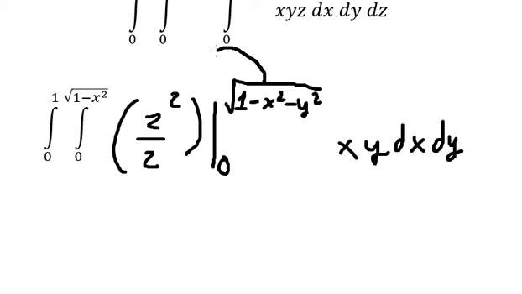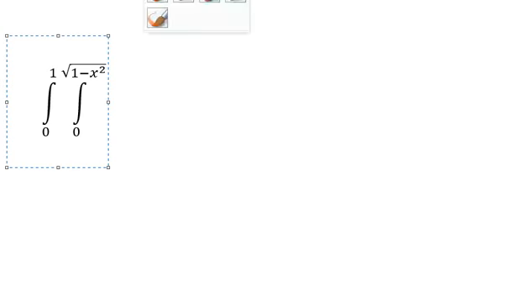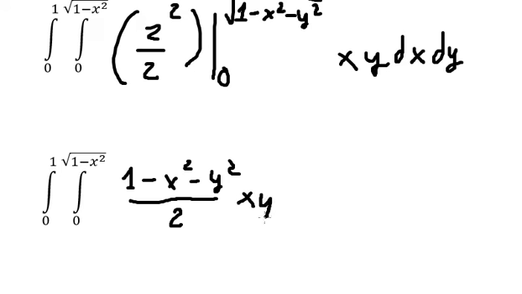So we put this one in here and 0 in here. So we have 1 minus x squared minus y squared over 2. And we have xy dx dy.